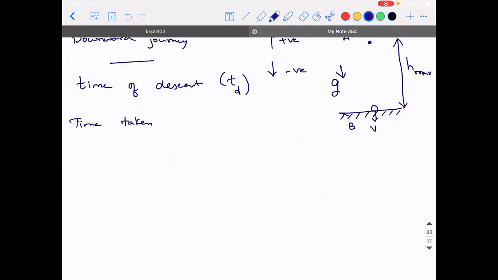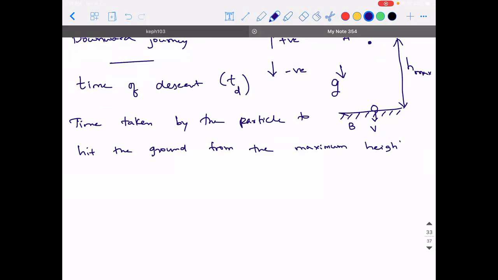Time taken by the particle to hit the ground from the maximum height. Correct? Time taken by the particle to hit the ground from the maximum height.